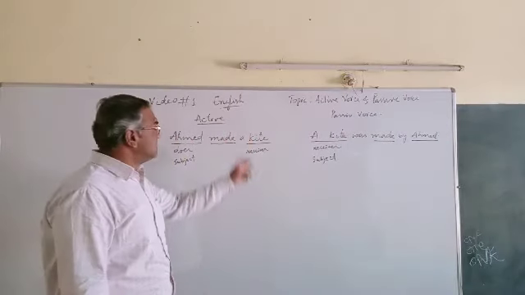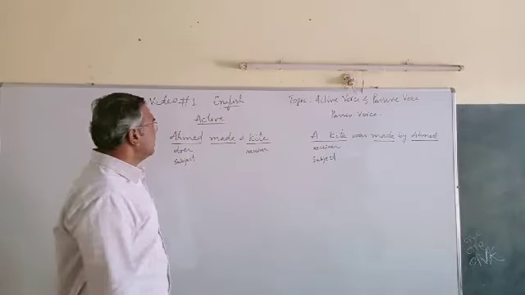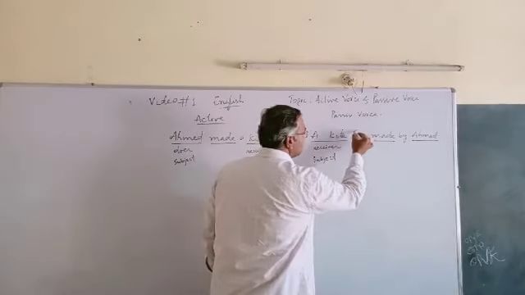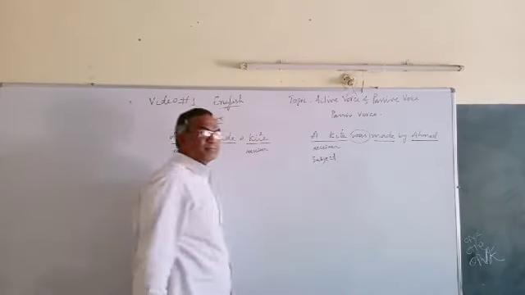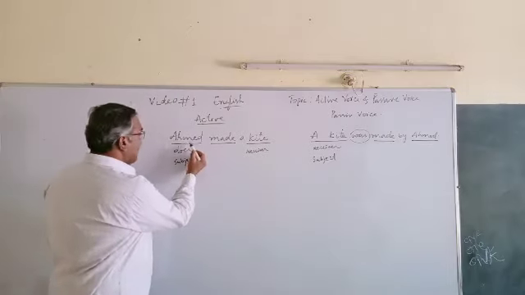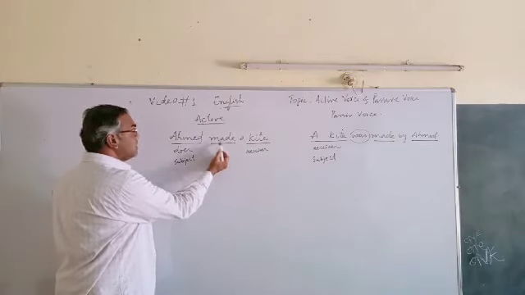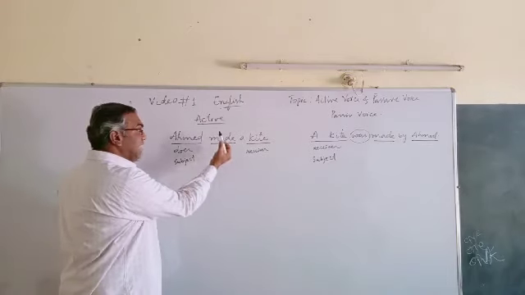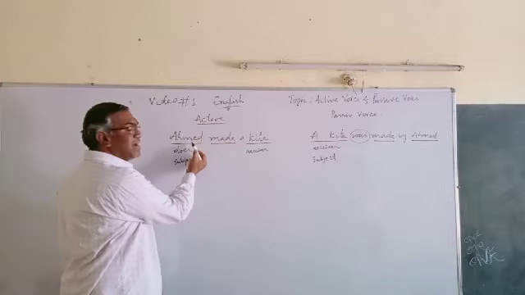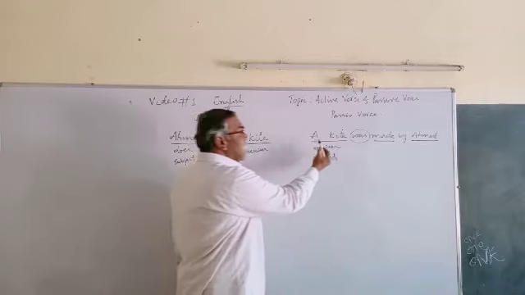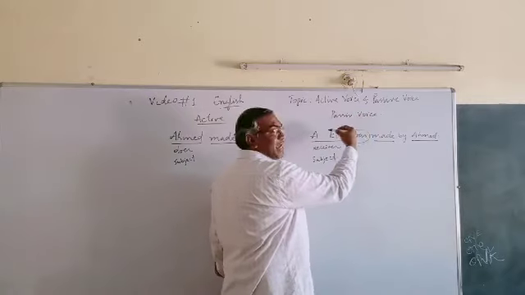Then what makes this difference? This auxiliary verb makes the difference. Here, Ahmad made. The action of making is done by Ahmad. Here, a kite was made.